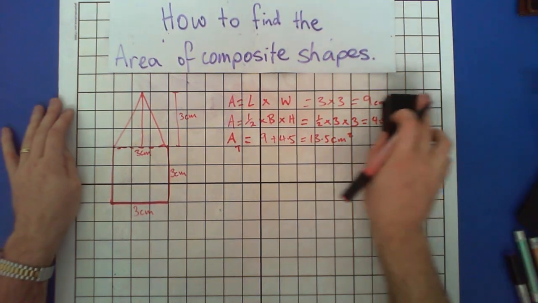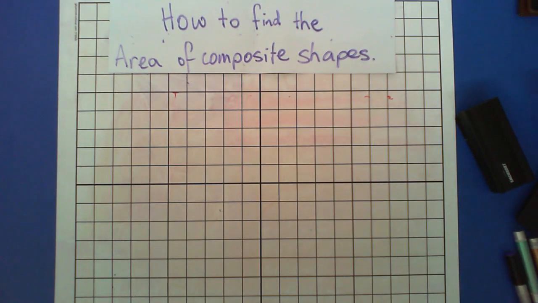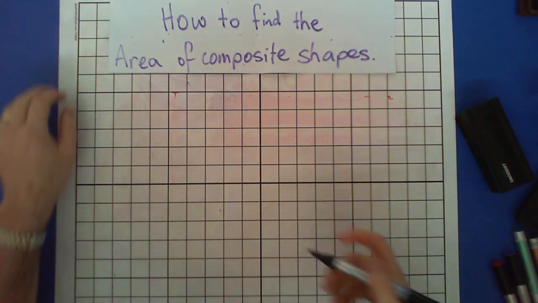But we can have lots of different types of composite shapes, lots of different examples for this. So this time we're going to go for one that's a little bit trickier.